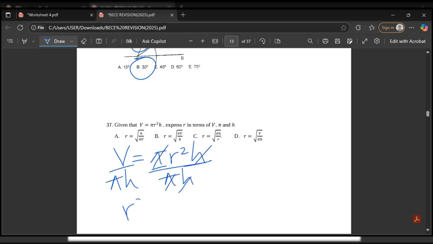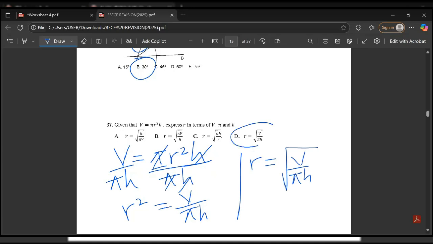That's R squared equals V over pi H. So it is R we are looking for. We take the square root of both sides. R equals square root of V over pi H. All right. So that is option D.